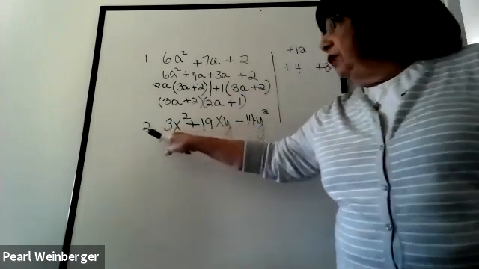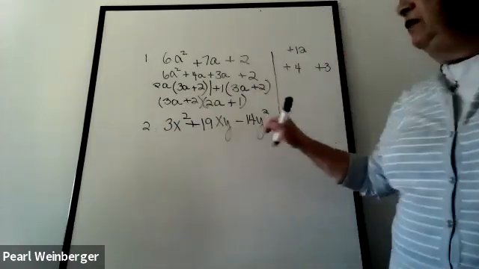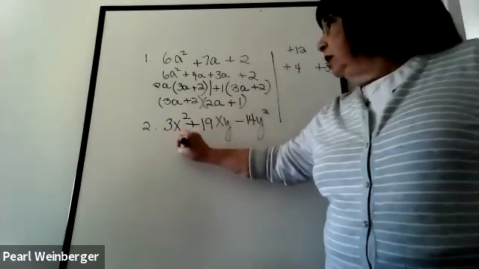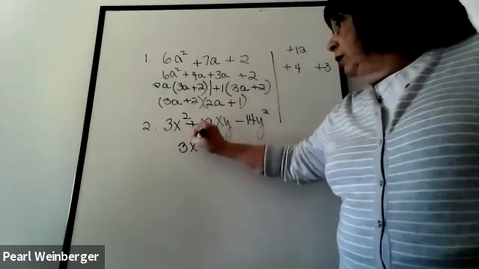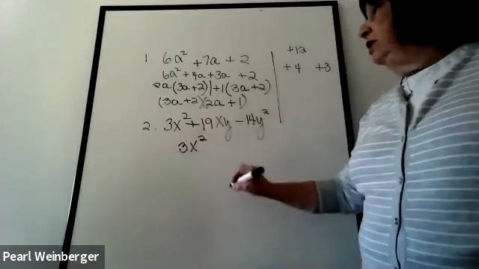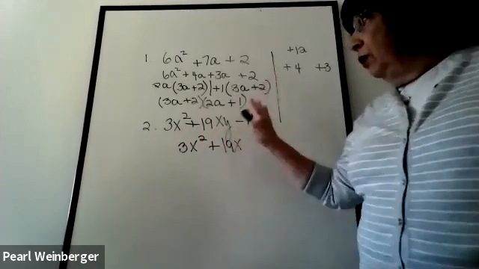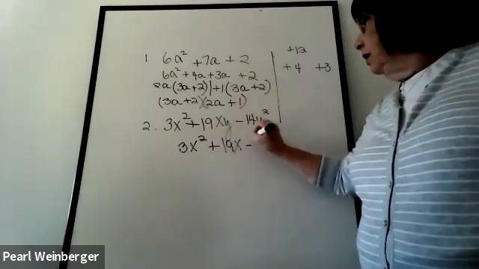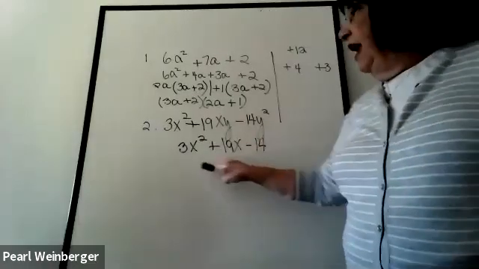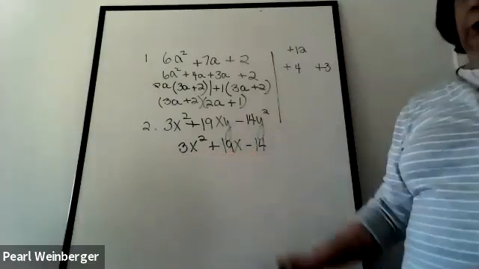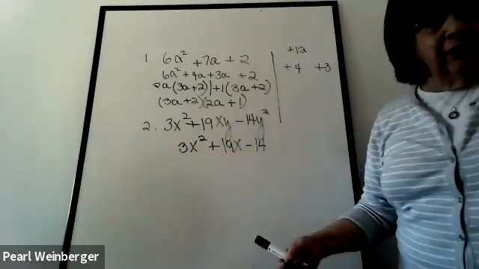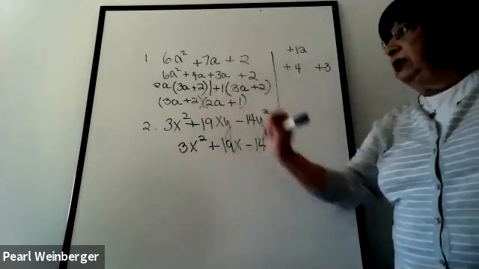There's only the first variable, the x squared, and leave out the y's. In other words, rewrite this as 3x squared plus 19x, forget about the y, minus 14, and factor this trinomial. It's not an easy factoring, but it doesn't look as confusing as the first one.